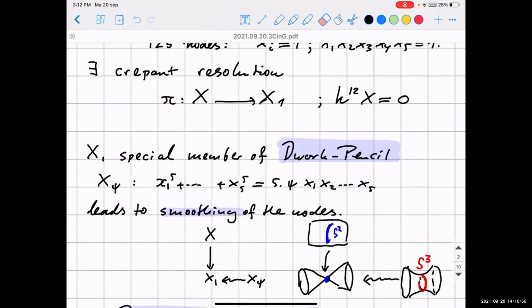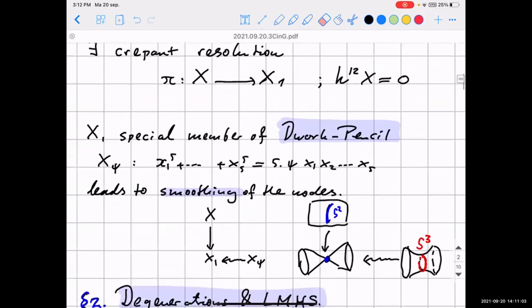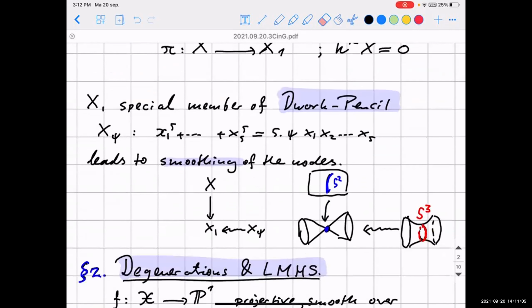And if psi is not 1, you will smooth out the 125 nodes. And then you have a smooth variety, which degenerates into the singular one, which after resolution then becomes the rigid one. So you see this one-parameter family degenerates into a rigid variety.